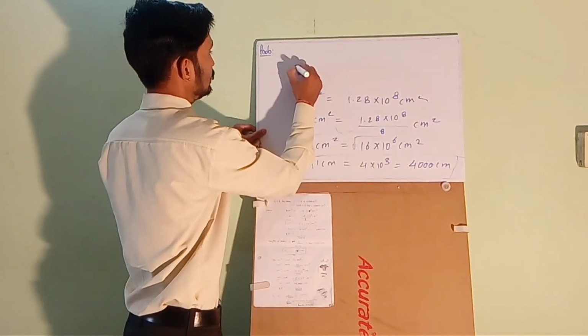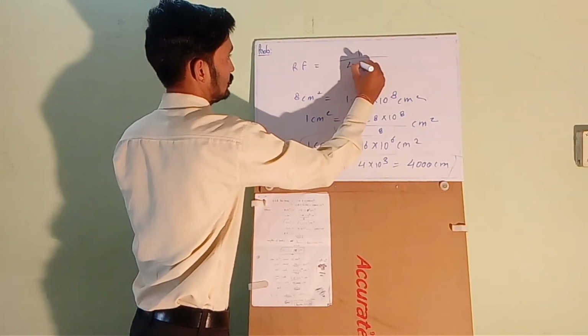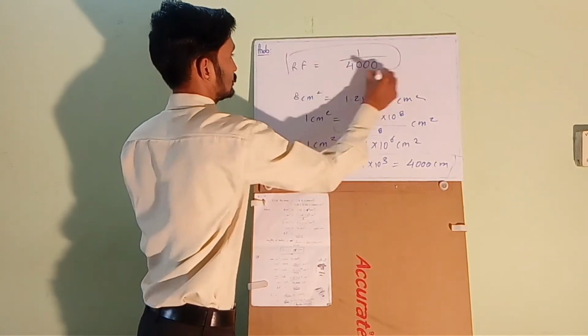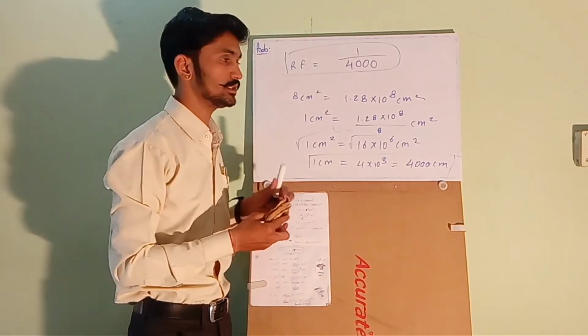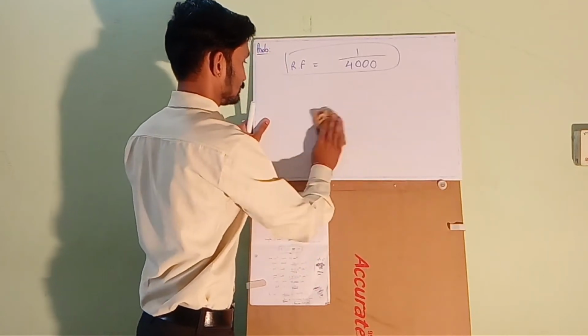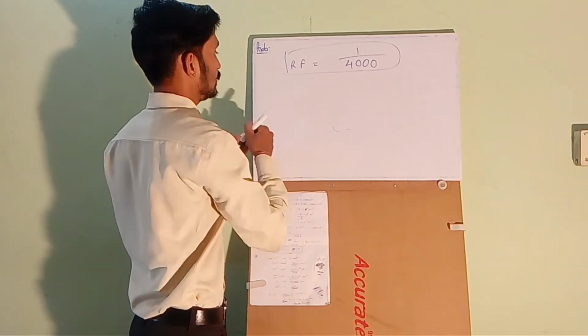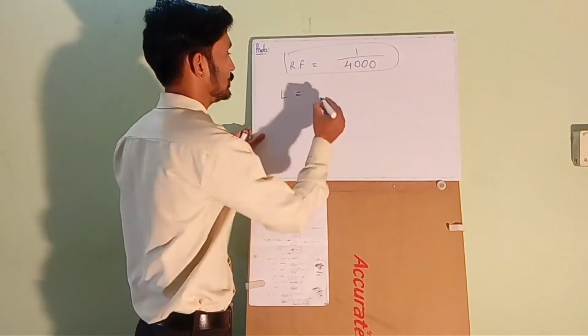And the RF will be 1 divided by 4000. So the RF is 1 by 4000. Now let us calculate the length of the scale. The length of the scale is RF multiplied by maximum length to be measured.